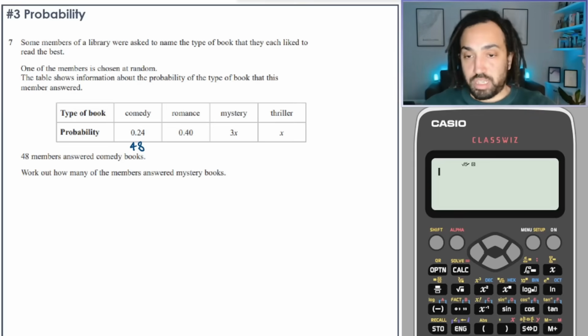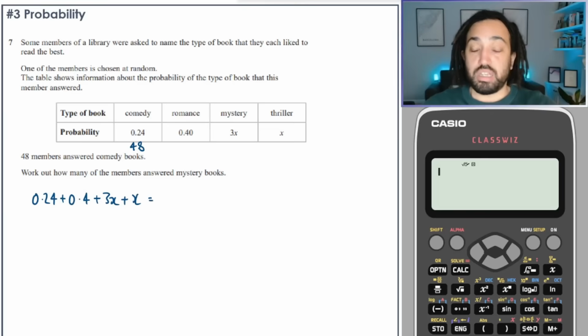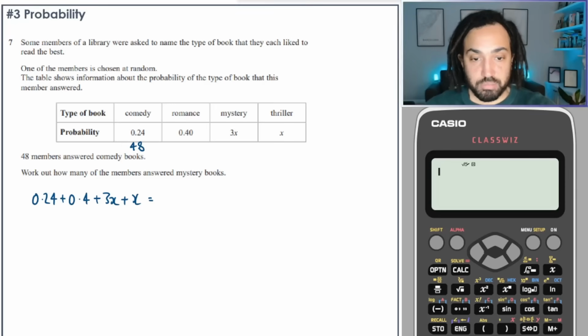Okay, first things first, let's work out what X is. Because what we know about probability tables is they must add up to 1, because essentially they have to pick one of these books. So therefore, it's guaranteed that it's going to be at least one of these, so they add up to 1.